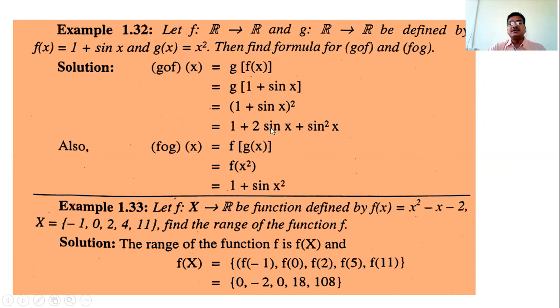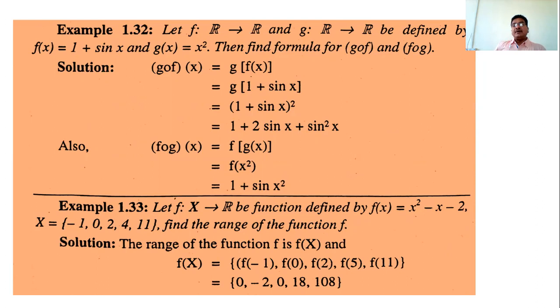And if you observe g circle f and f circle g, these two are different, and therefore the composition of two functions is not commutative. The commutative law does not hold for composition of two functions. So what is the commutative law? For example, the commutative law is true for multiplication of numbers. That is, 2 into 3 and 3 into 2 both are same.